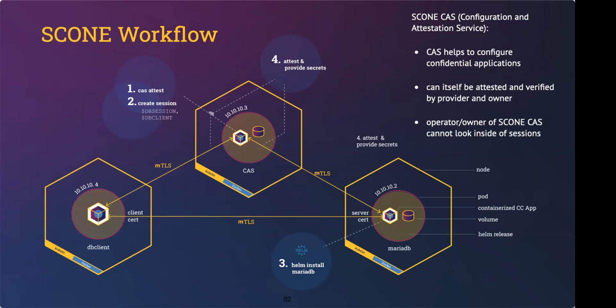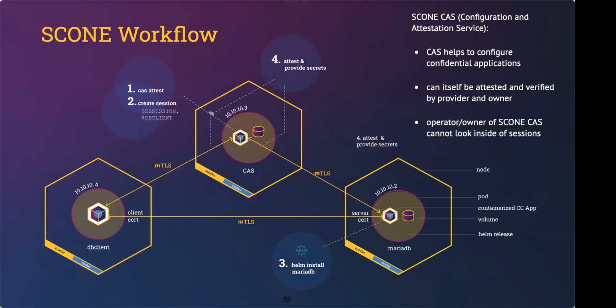The SCONE runtime will transparently decrypt that configuration file and start MariaDB, and MariaDB will read its configuration file and know, oh, there's my key, I can now decrypt my database.